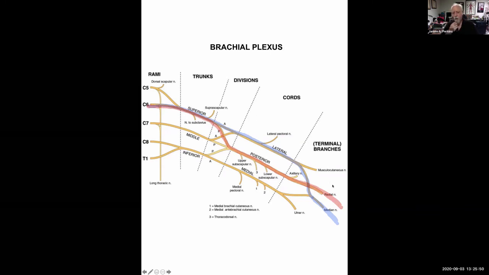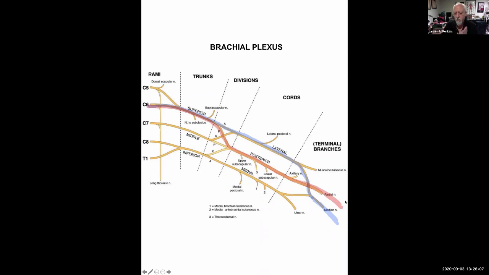I've got a question. Why wouldn't it go to C5 as well as C8 and T1 if the nerves are connected? So that's a great question. There are sensory neurons in the radial nerve that do go all the way back to C5, to C7, to C8, and T1. But those would be coming from different parts of the upper limb.